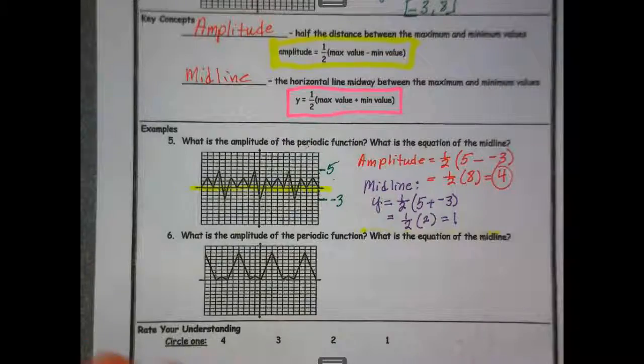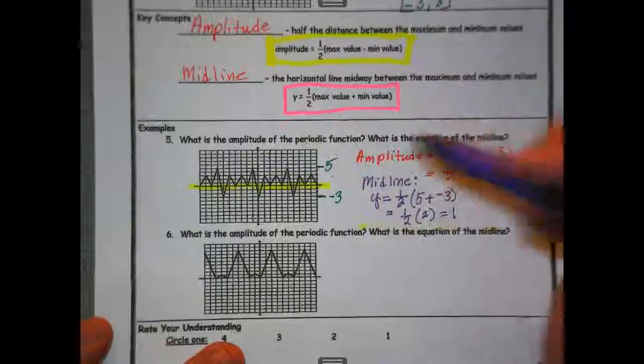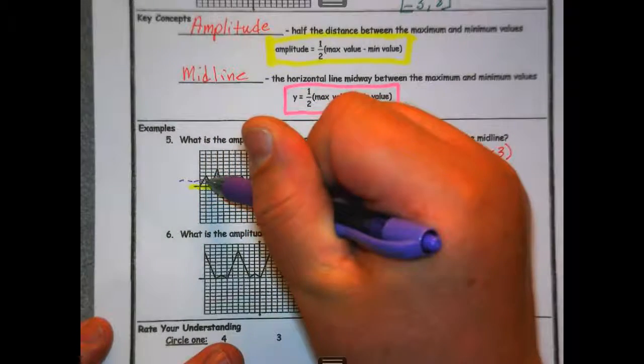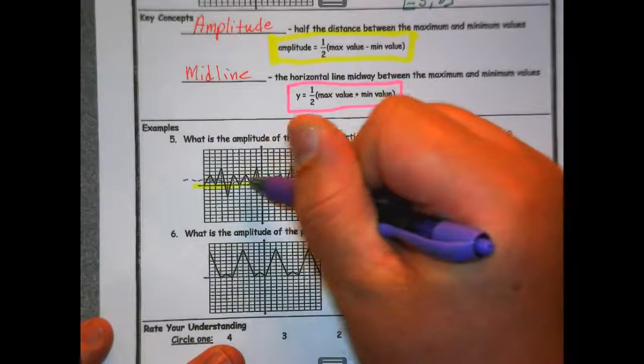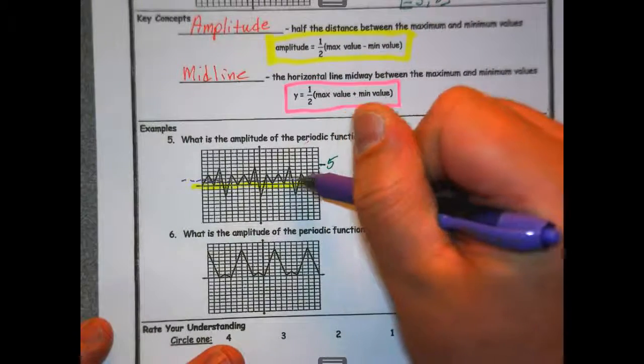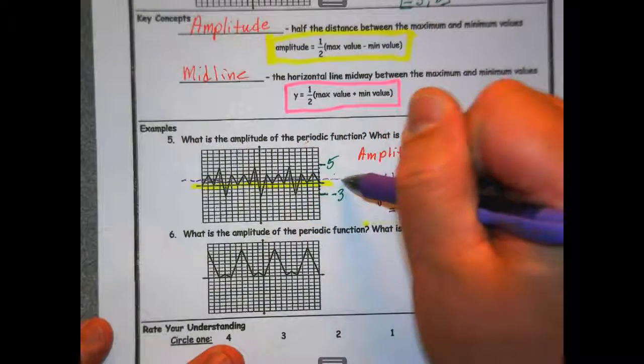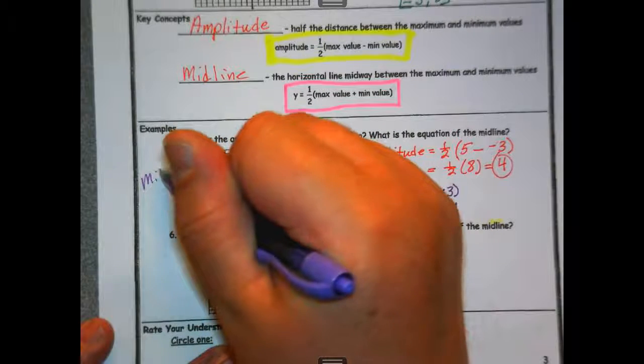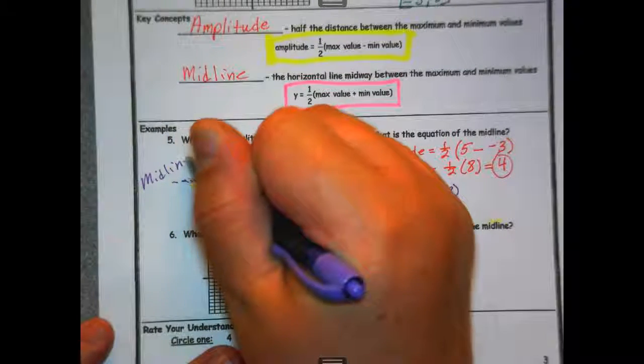So y equals 1. That's a horizontal line at y equals 1. That's our midline.